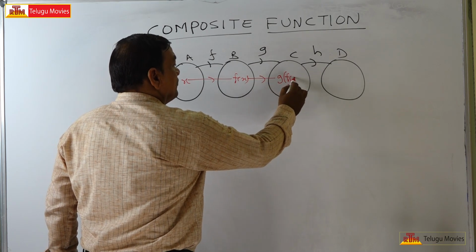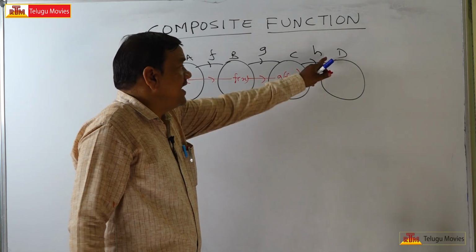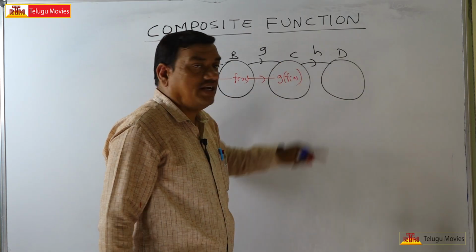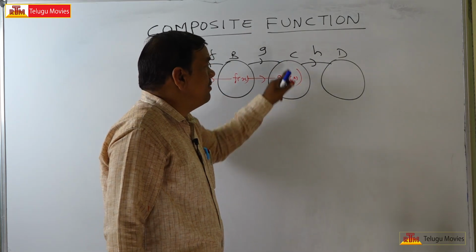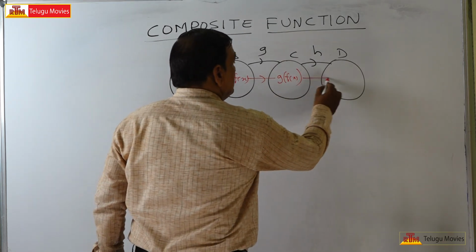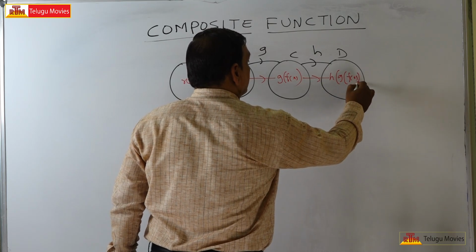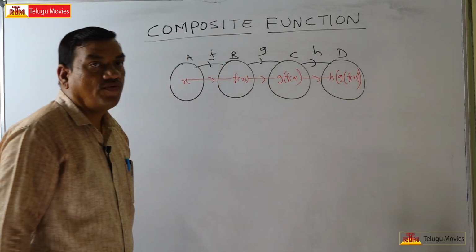G of F of X. As already told, H is a function from C to D, so for every element of C there exists a unique image in D. Its image is H of G of F of X.